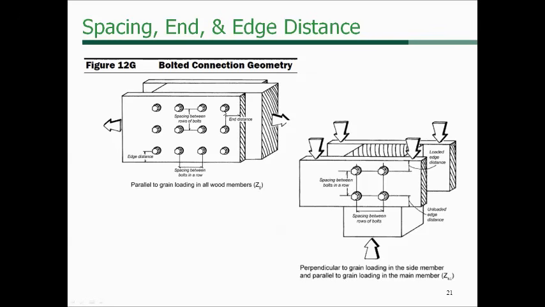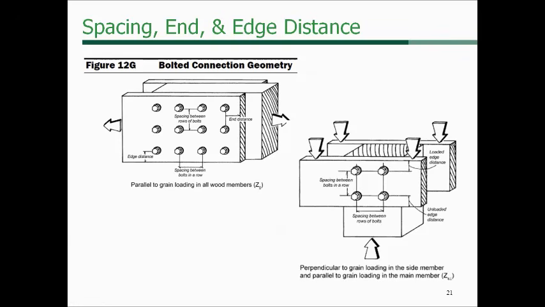So spacing between bolt rows, the end distance, whether we're talking about a loaded end or an unloaded end, spacing between bolts in a row, edge distances. So this shows that parallel to grain loading where all the wood members are loaded up parallel to grain.